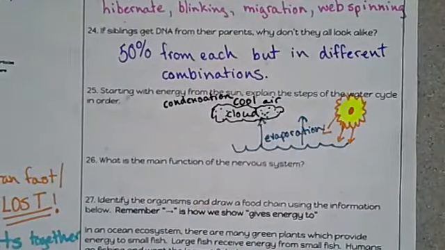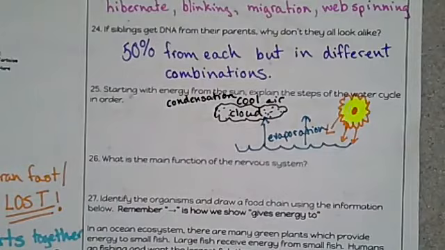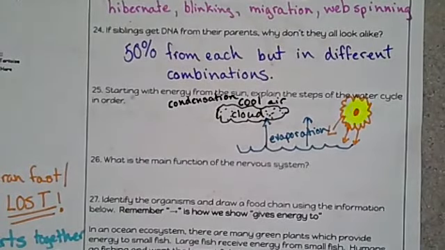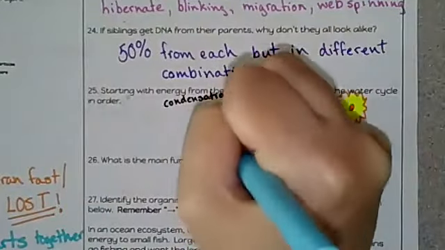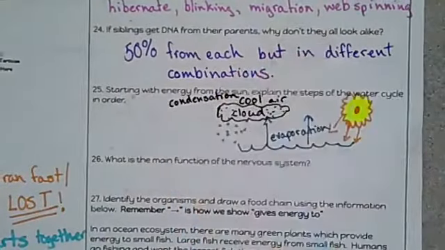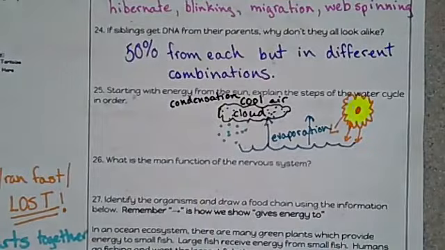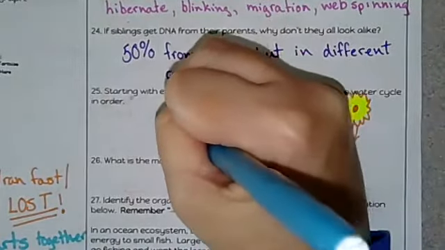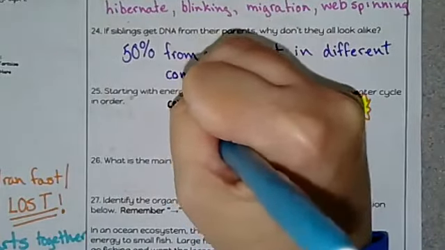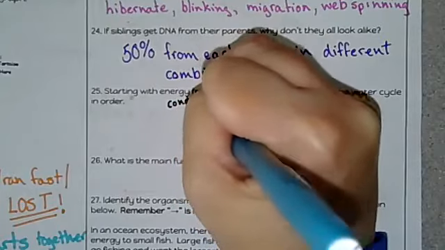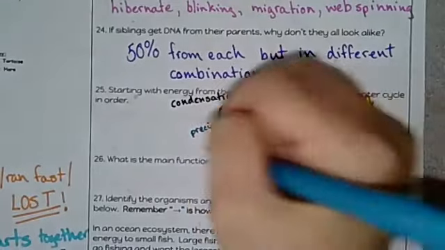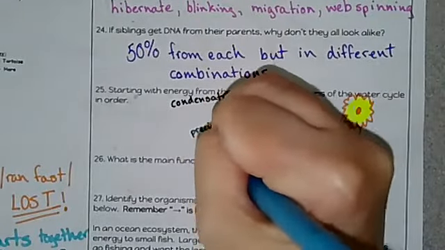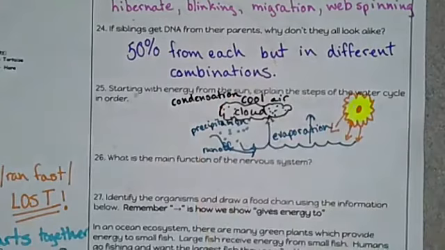Then what is it called when the water falls to the ground? Talia. Precipitation. Good. Falls to the ground as precipitation. And then it runs back down to the ocean in runoff.